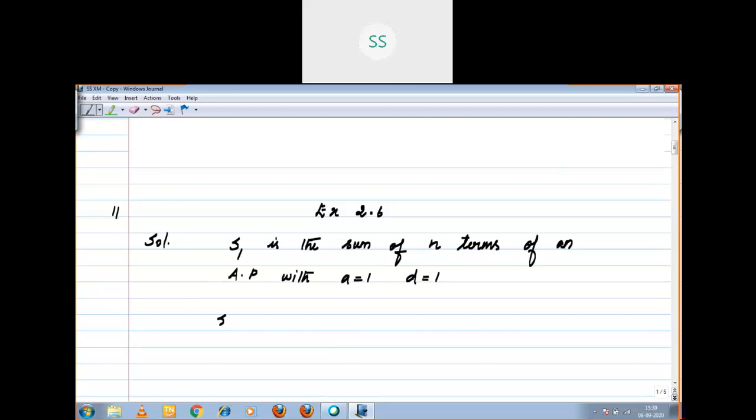Then in the same way, S2 is the sum of n terms of an AP.